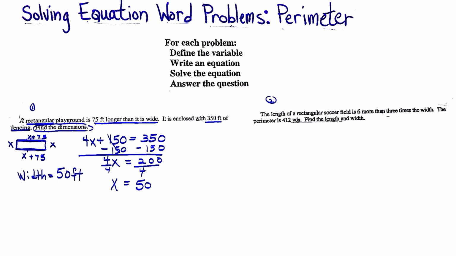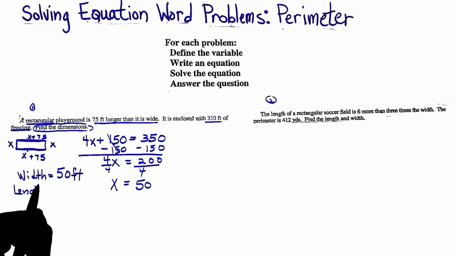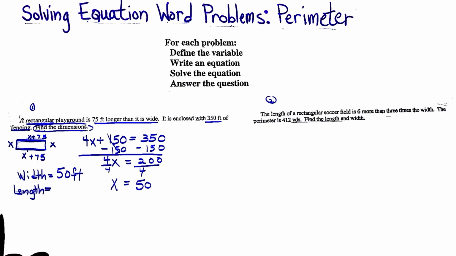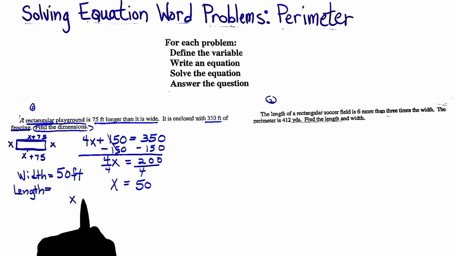There's our first answer. Well, the length, they said, is 75 feet longer. So to find the length, you take your X plus 75, which is equal to your length.